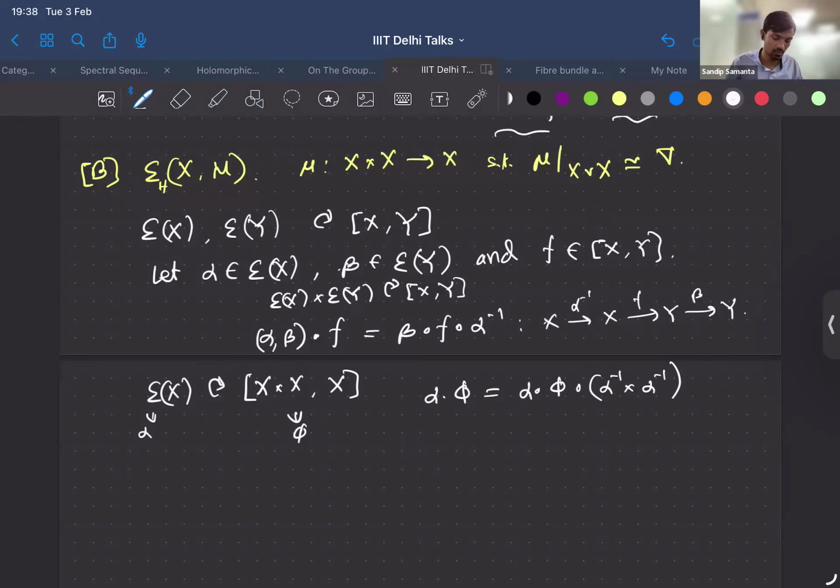So this again defines a left action of this group epsilon x on this set.